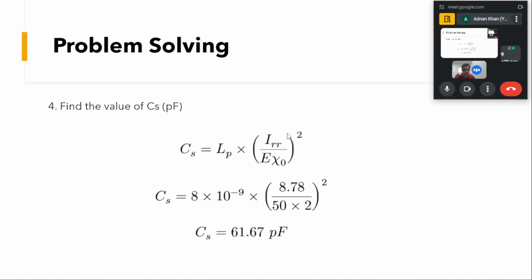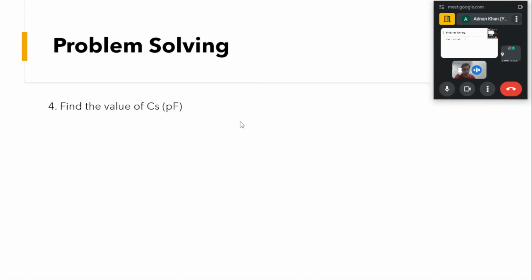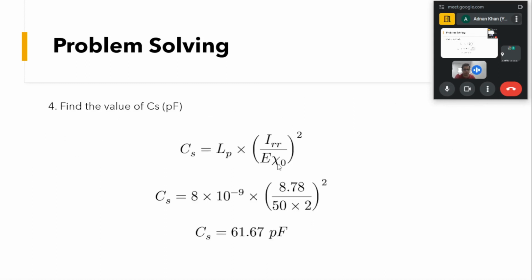IRR we calculated 2 slides back, that is around 8.78 amps. E is given as 50 volts, and chi naught was given in the previous slide, take it as 2. If you substitute these values and solve this, you will get the value of CS equal to 61.67 picofarad. That is the answer.